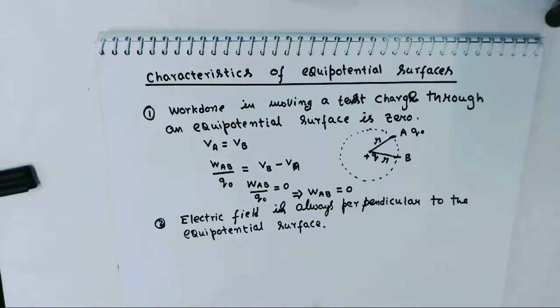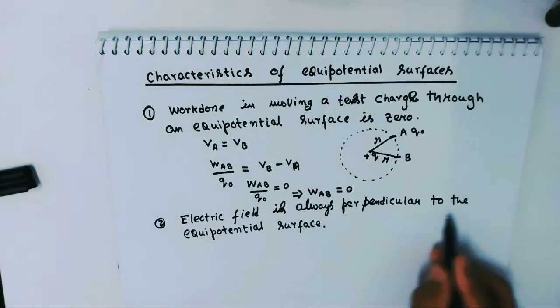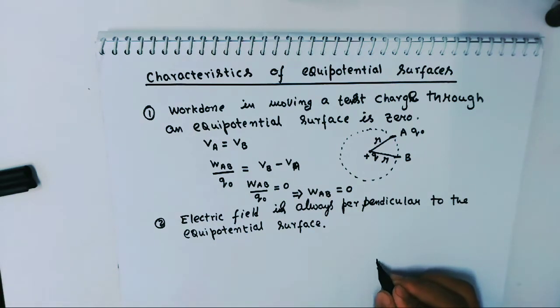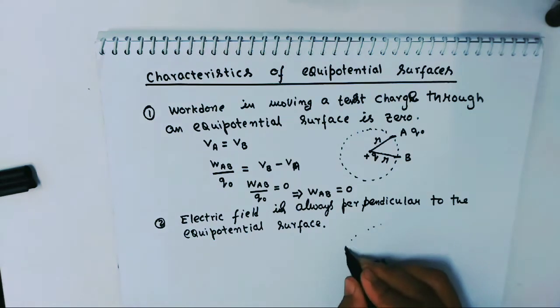Next, electric field is always perpendicular to the equipotential surface. So again, let us draw an equipotential surface.